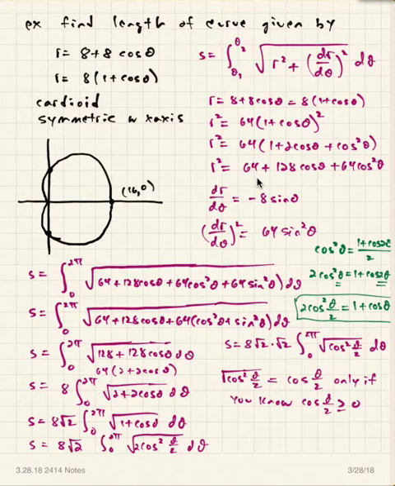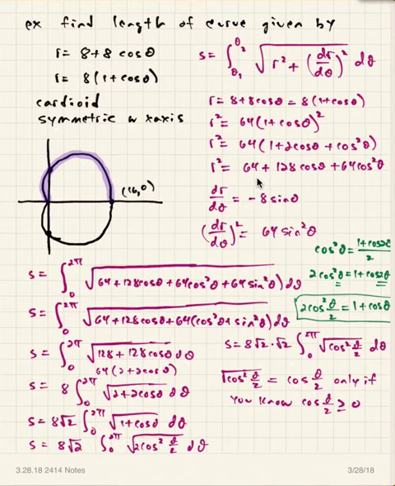And so here's where we use a little bit more trickiness, in that now we only find the length of half of this curve. Notice we have symmetry here. And so if you look at my curve, notice how I highlighted half of it. If I integrate from 0 to pi, then it is guaranteed that, first of all, that would give me half of the length I need, but also it would be guaranteed that the cosine of theta over 2 would always be positive.